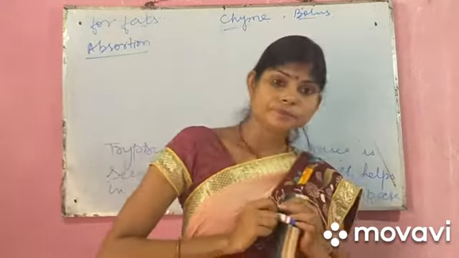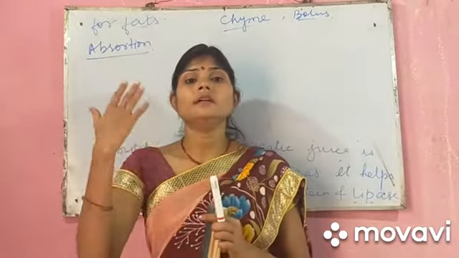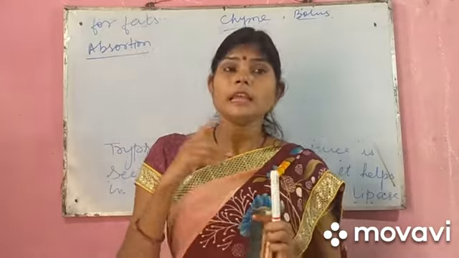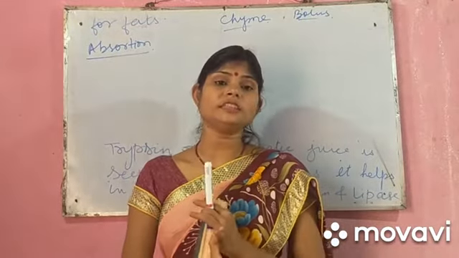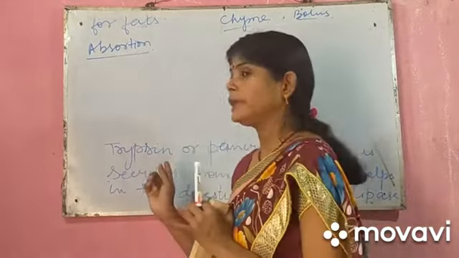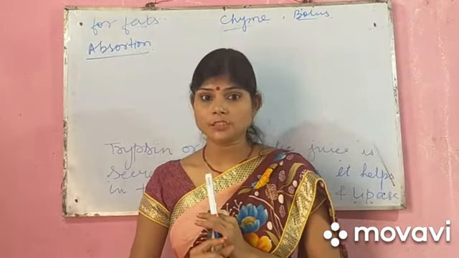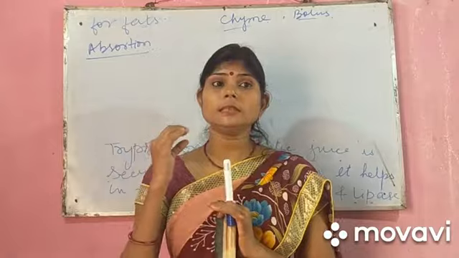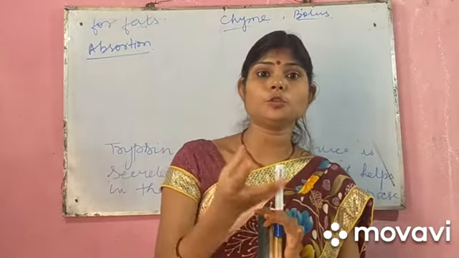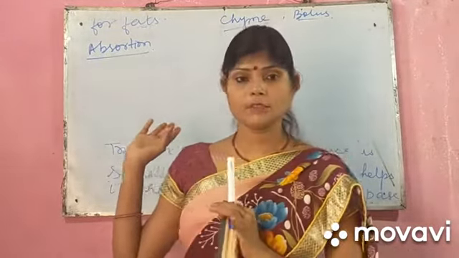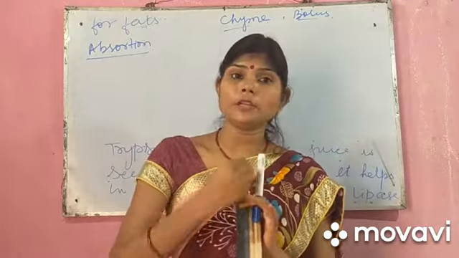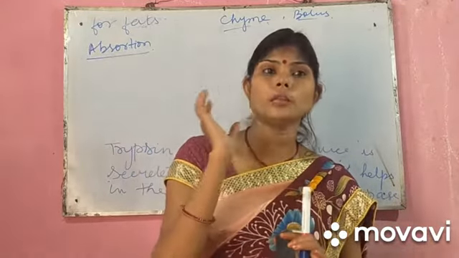Now the chyme from there enters into the small intestine. In the small intestine, breakdown of fats took place, and this breakdown of the fats is known as emulsification, and again the protein was broken down into smaller and smaller pieces.